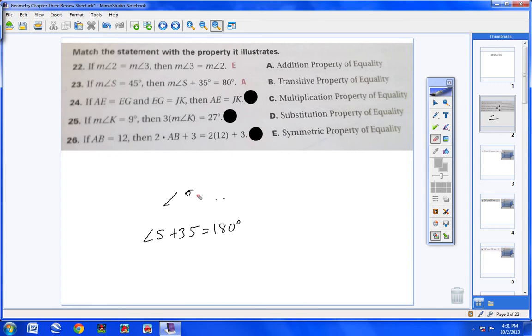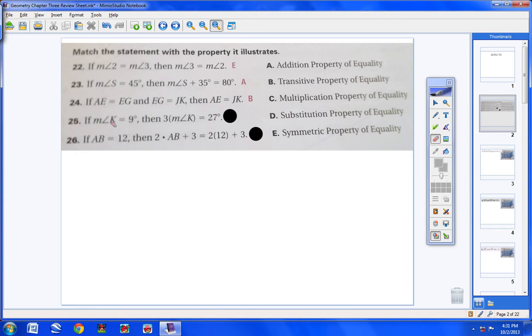All right, let's take a look now at number 24. If AE equals EG and EG equals JK, then AE, here's AE, equals JK. We call that symmetric, guys. That's letter, or transitive. That's the transitive property of equality, letter B. Now let's take a look at number 25.